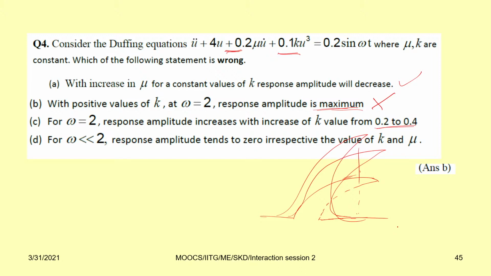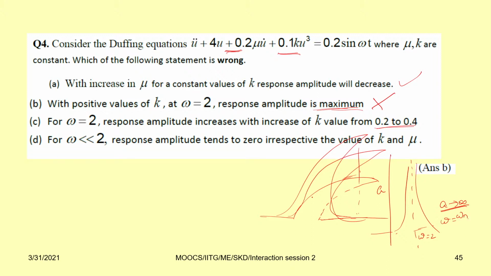In case of a linear undamped system, as you have seen, the response will be like this. In this case only, it is maximum at omega equal to 2, the response amplitude A tends to infinity at omega equal to omega n.